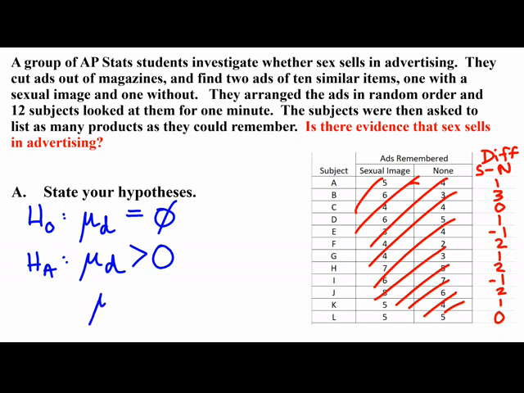Let's also define mu in this case, so that would be ads remembered. And then we also need to say which difference we did, and we did the sexual type versus the non-sexual type. So we're going to write sexual minus none. So those are your hypotheses.